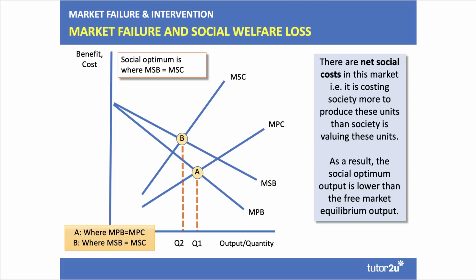So the private optimum is A, where we just think about the marginal private benefit and marginal private cost. Overall, the social optimum is where social cost meets social benefit. That is at point B, or output Q2. So in this situation, there is a net social cost, and the social optimum output is lower than the market output, hinting at some intervention to reduce production and consumption.